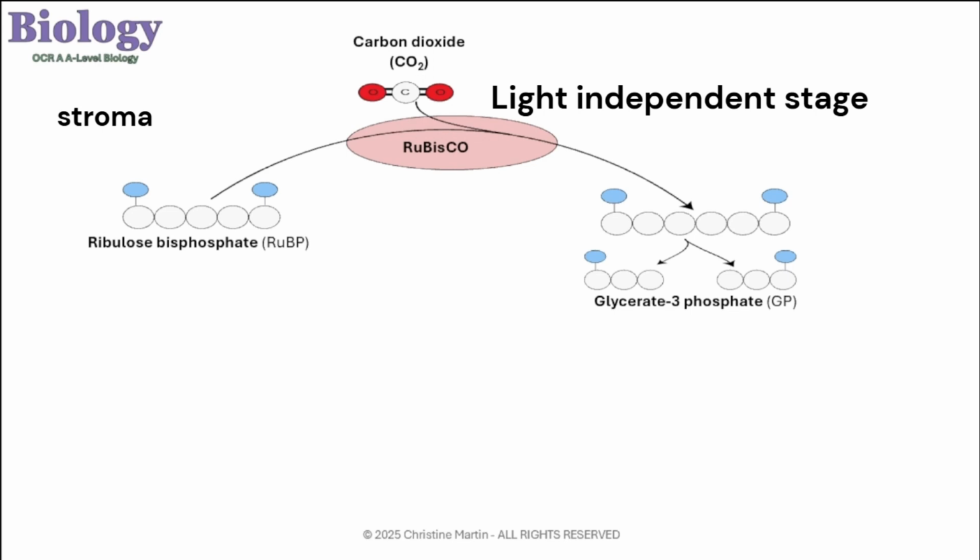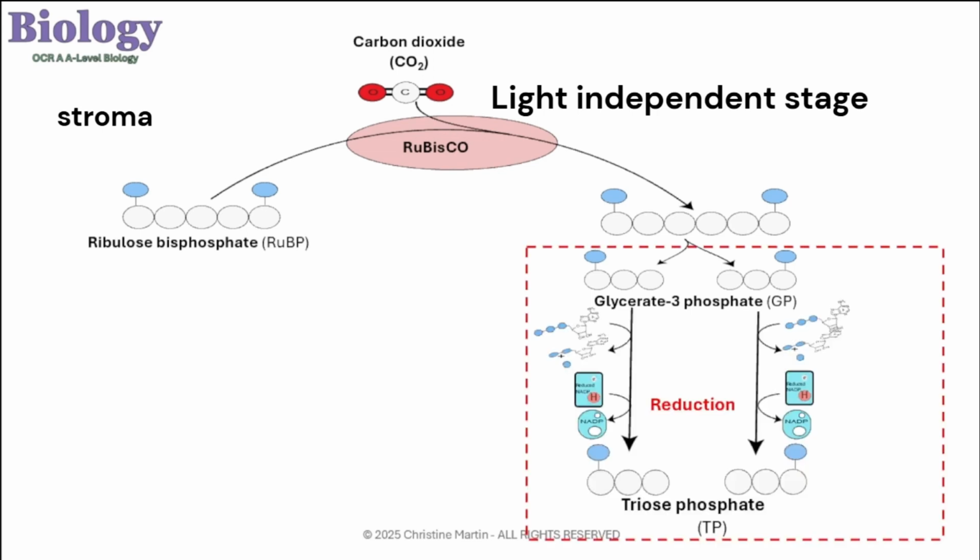This reaction is catalyzed by the enzyme RuBP carboxylase, commonly known as Rubisco. Due to the instability of the 6-carbon intermediate, it immediately splits into 2 3-carbon molecules of glycerate 3-phosphate, also known as GP.